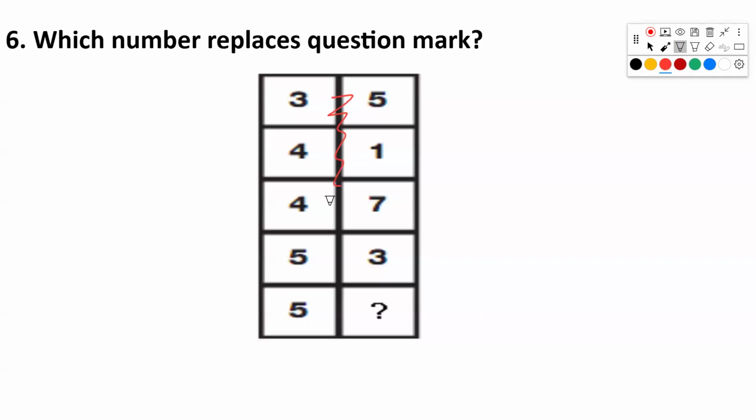Assume that there is no vertical line. You read numbers like 35. You read numbers like 41, 47, 53, and the next number. So if you look at this, what is that 35, 41? Okay, plus 6. 41 plus 6, okay, plus 6 is 53. So plus 6 is 59.